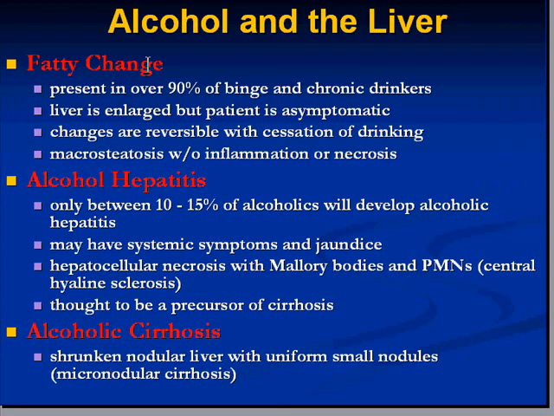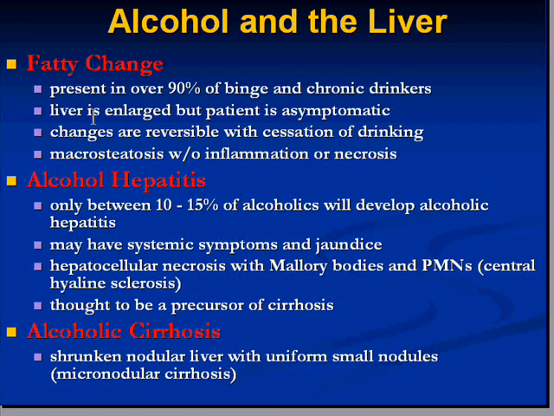And remember, this is not something that has to progress. The general rule is if somewhere along this spectrum alcohol is withdrawn, it will not progress from fatty change to alcoholic hepatitis to alcoholic cirrhosis. Of course, once you get to alcoholic cirrhosis, by definition, cirrhosis is an irreversible diagnosis.